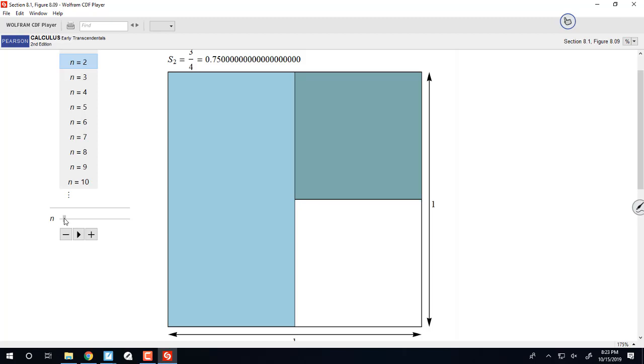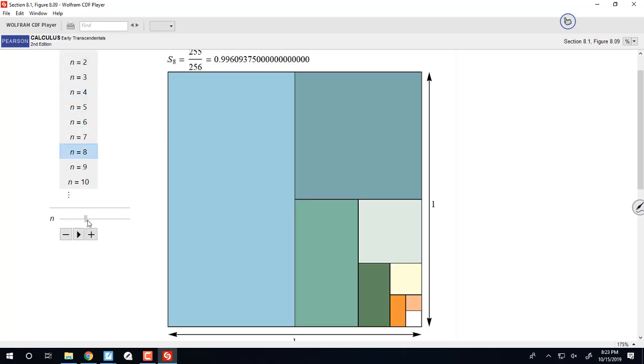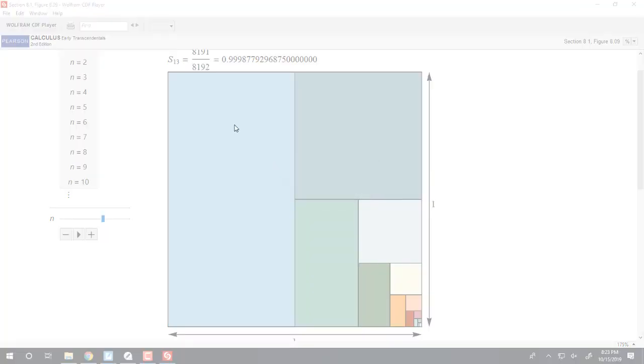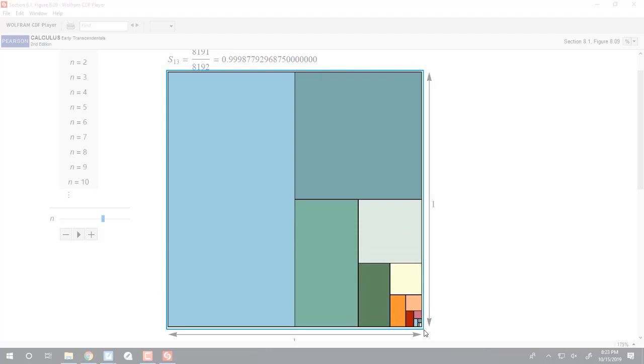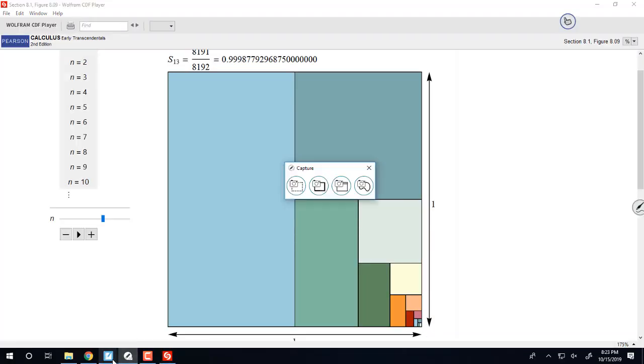And you see, as we keep adding more and more terms, the thing never breaks out of the boundary of the 1 by 1. So that's sort of our visual justification, if you will.